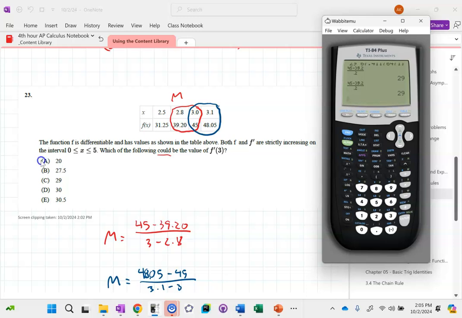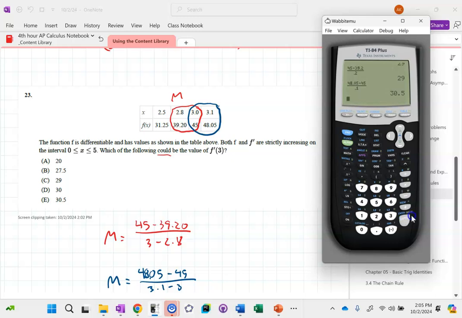So right away I know that 20, 27, and 29 are all out, because the slope has to be getting bigger than what it is there, right? So if I do the next chunk, I have 48.05 minus 45 over 0.1. That's 30.5. So the value in between those is 30.